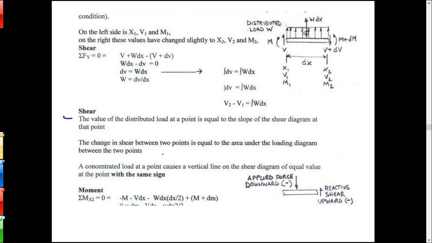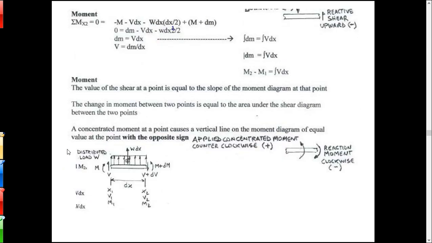So the change in shear between two points is equal to the area under the loading diagram between the two points. Those are the two main rules. And then if you have a concentrated load at a point, you get a vertical line on the shear diagram of equal value at that point. So a concentrated load makes the shear diagram change immediately.